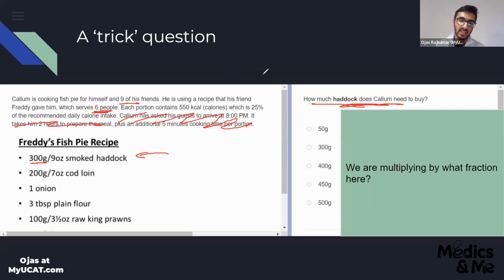And Shivani, you're right. This is more of a basic maths question, so this doesn't require anything to do with proportions. Why is it 10 by 6? Well, because to work out for each person, you've got 300 times by a sixth. And then to work out for 10 people, you times by 10.